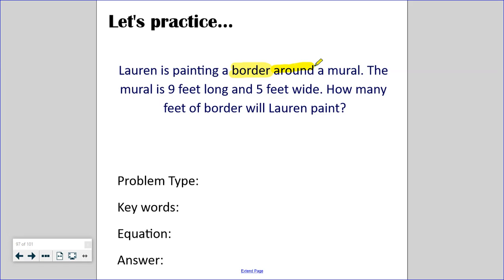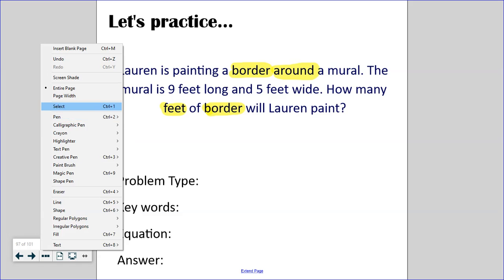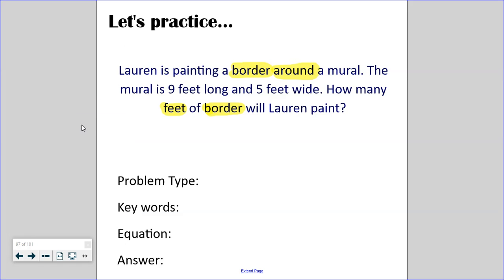Also, this word around. If something is going around something, it's the outside edge. And then the question is how many feet of border? Remember that if it's an area problem, it would be square feet, not just feet. So I can tell that this story is a perimeter story.